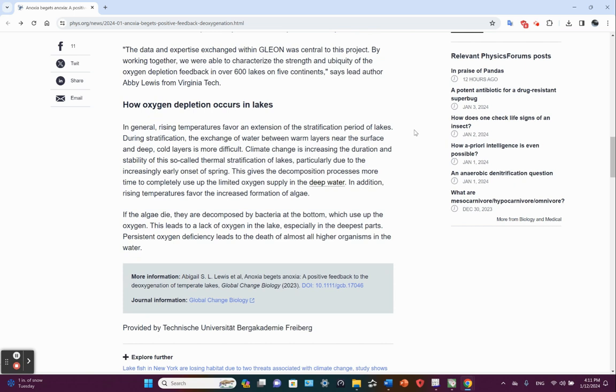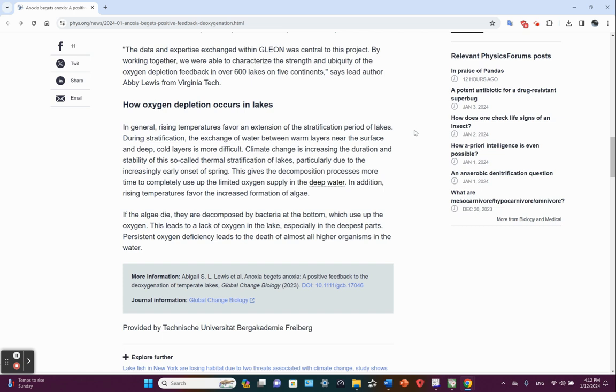In general, rising temperatures favor an extension of the stratification period of lakes and also an intensification of the thermal gradient itself. In other words, you have a greater gradient, a sharper gradient, higher temperature difference.